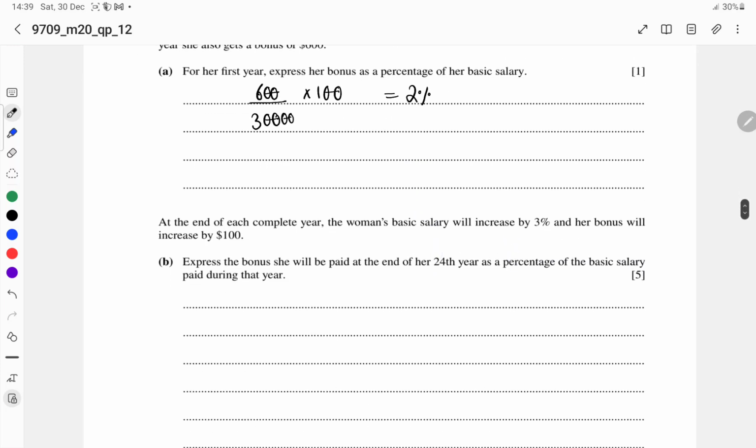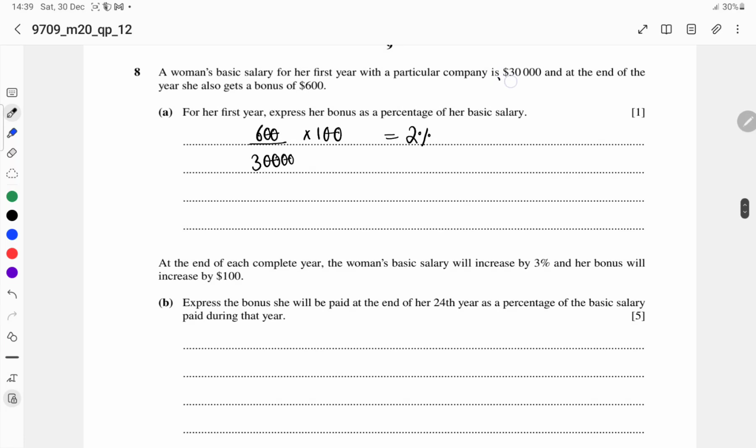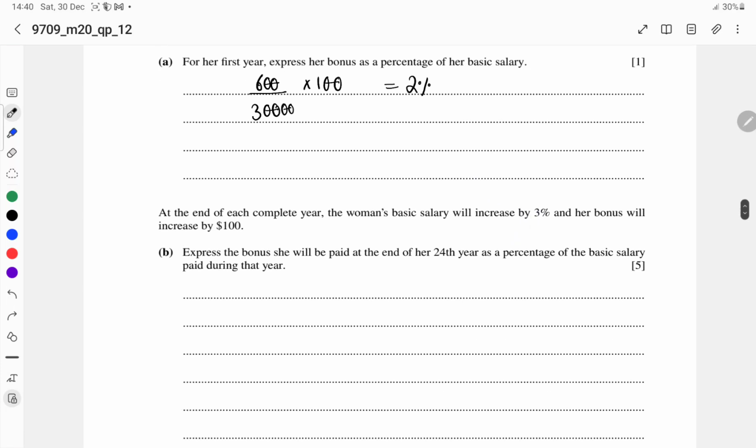At the end of each complete year, the woman's basic salary will increase by 3%. This basic salary is going to increase by 3%, and our bonus will increase by 100%. So what we need to do is express the bonus she will be paid at the end of the 24th year. The bonus paid at the end of the 24th year is a percentage of the basic salary paid during that year.